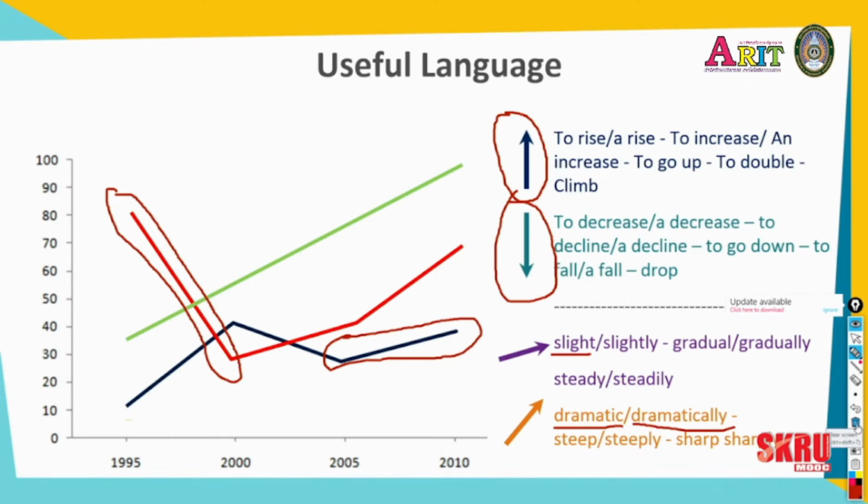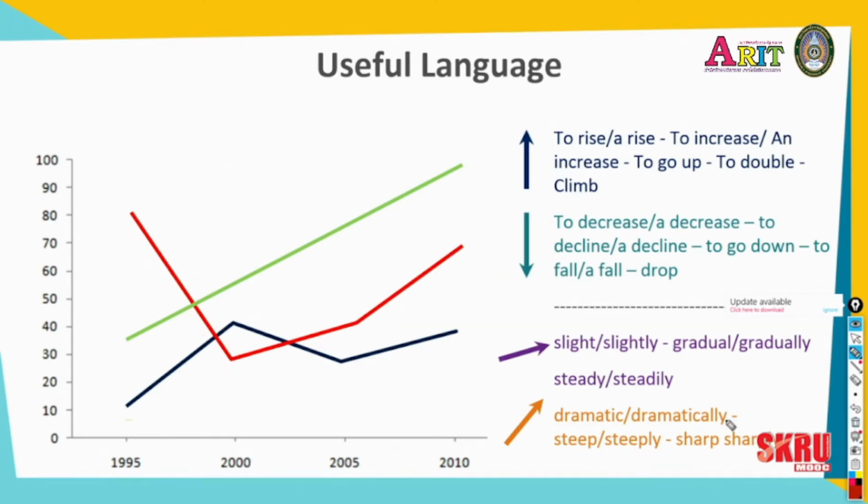To rise slightly. So we can put these together in any kind of combination. To rise slightly, a slight rise. To rise gradually, a gradual rise.